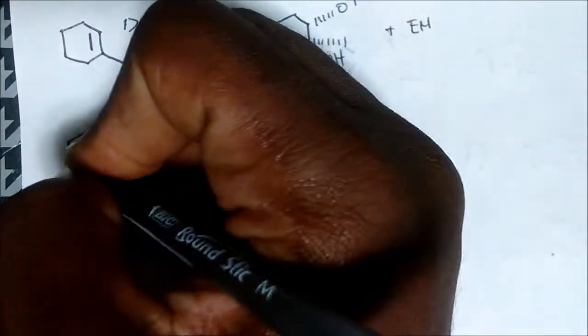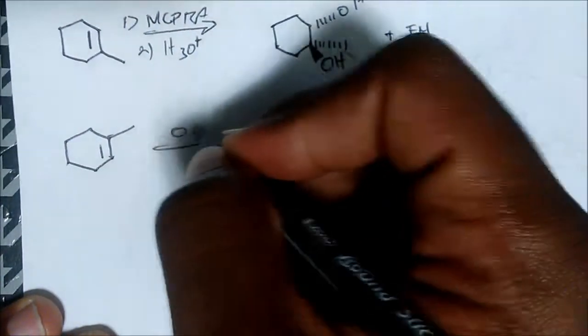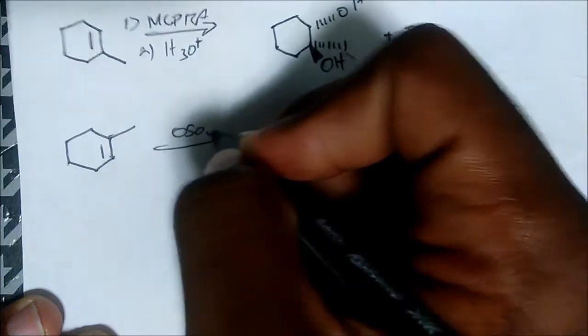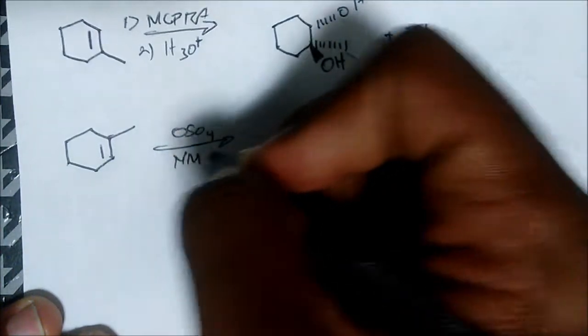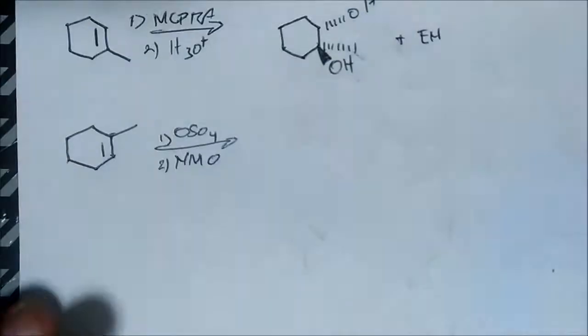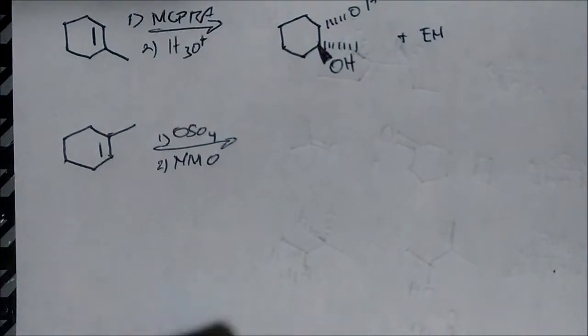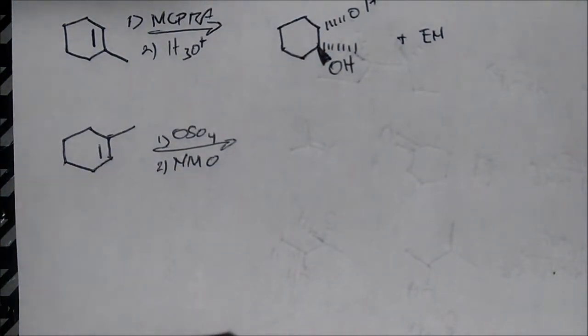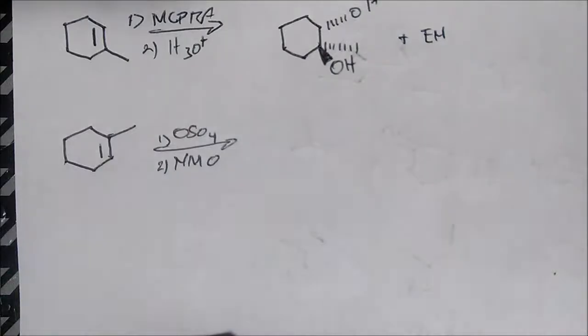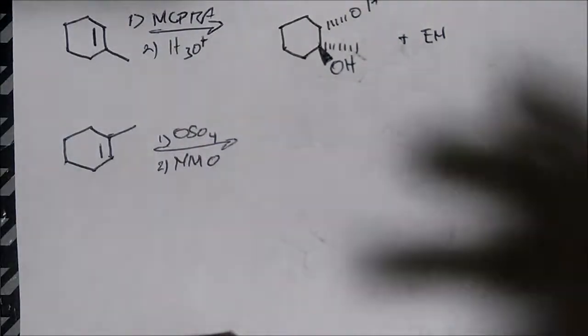All right, how about this one? We've had this molecule and we added osmium tetroxide in the presence of NMO or DMS, some sort of solvent. All right, what will be the major product? Well, again, we're forming diols here, but we're dealing with syn addition now.